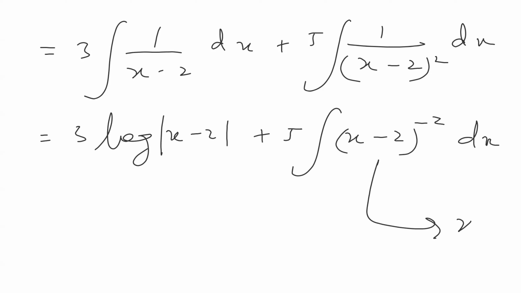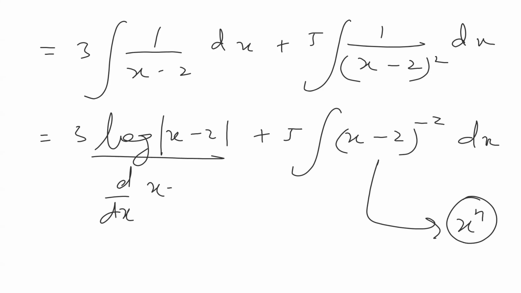Then you can solve these using x raised to n. Here down you can also write d by dx of x minus 2. And the second integral will be x raised to n. Solve it and simplify. So in this manner, the problem gets over.